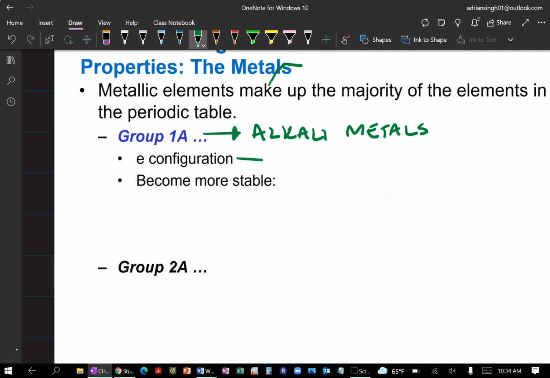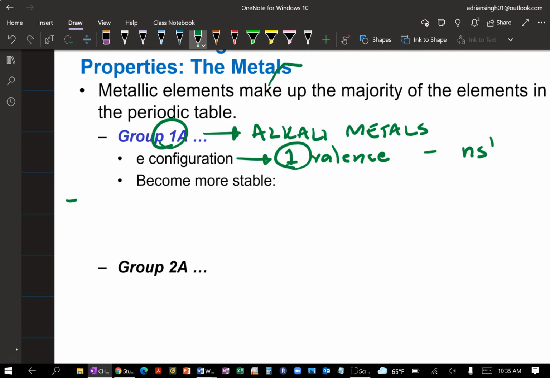And they all have one valence electron, right, because their configuration ends up being ns1, where n is the principal energy level. So these elements, the group 1, all have one valence electron. So the group number is actually going to tell you how many valence electrons these elements are going to have for the main group elements. So how do these become more stable?